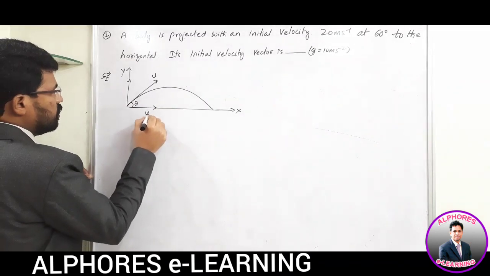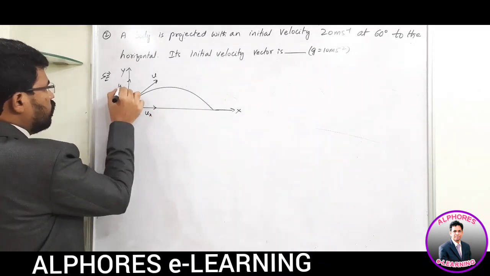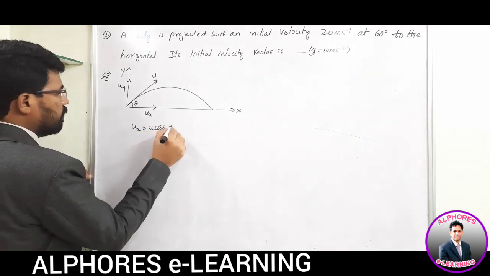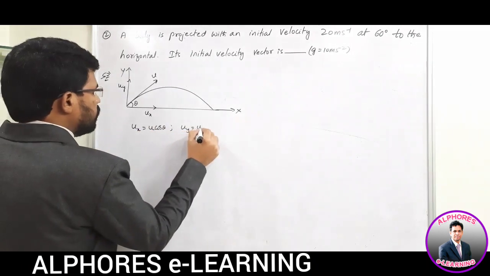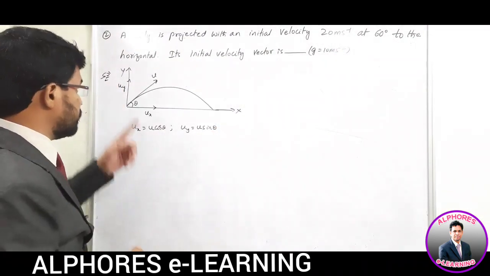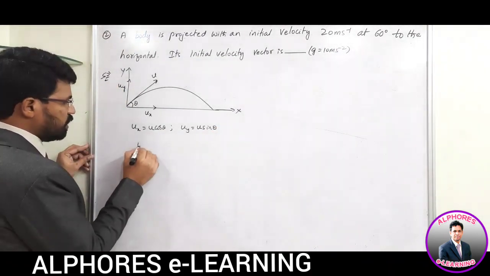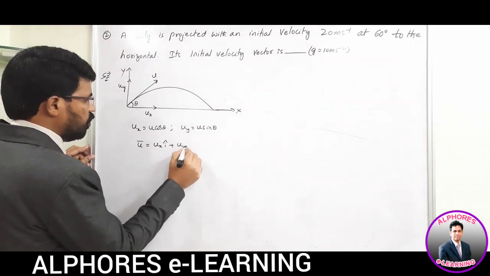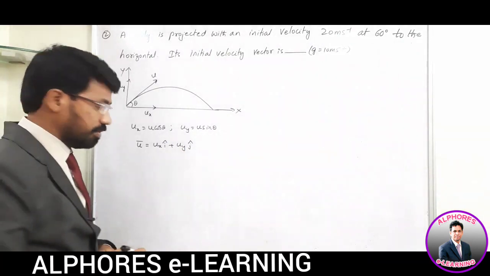Let us say this is the y-axis, this is the x-axis. Now this initial velocity can be resolved into two components. One component is ux, the other one is uy. We know that ux equals u cos theta and uy equals u sin theta, isn't it? If you are supposed to express this initial velocity in vector form, how can it be expressed? U bar equals ux i cap plus uy j cap. We all know this, isn't it?